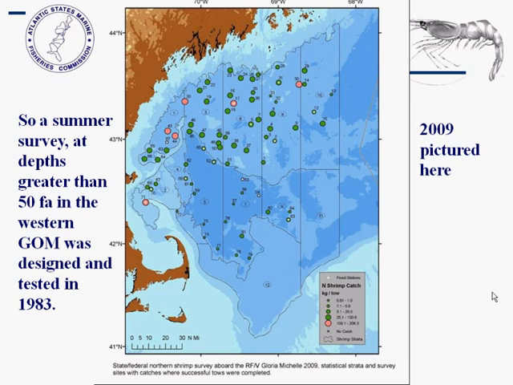And the scientists back in the 80s set up what we call statistical areas. I don't know if you can see these outlines, but there's about a dozen of them. They determined that there would be a certain minimum number of tows done in each of those areas, plus 2 fixed stations that were either recommended by fishermen or some were from the old main survey that we had.